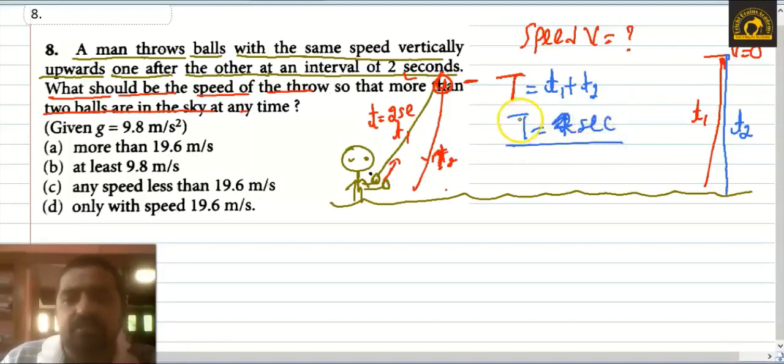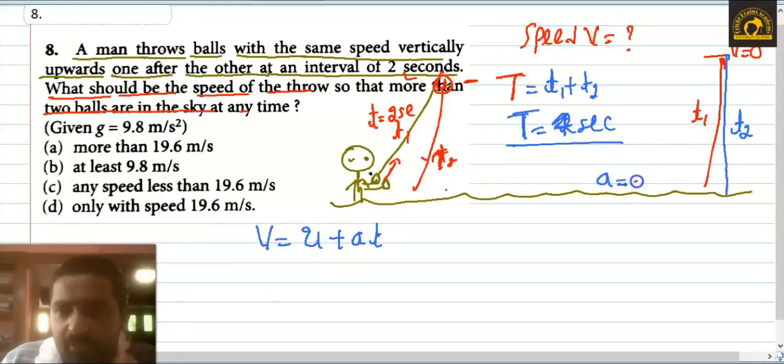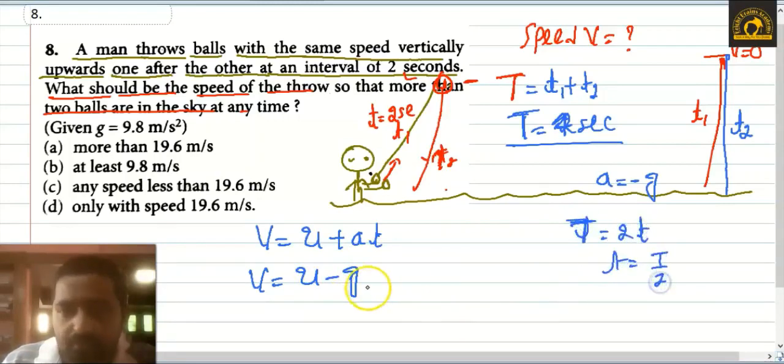So now we know the formula v is equal to u plus at. The acceleration due to gravity is minus g, so v is equal to u minus g into t. Here capital T is equal to 2t, so t is equal to T by 2.